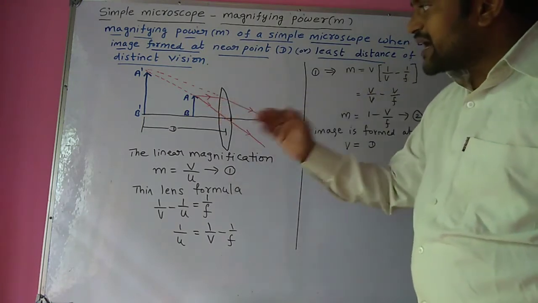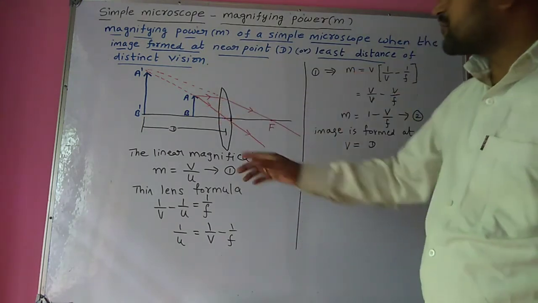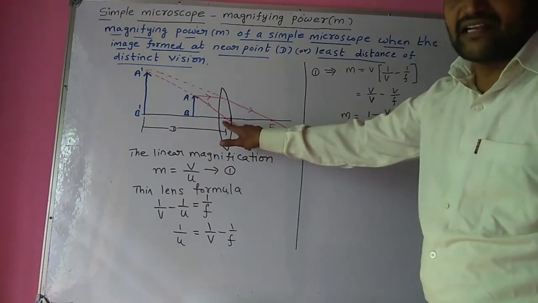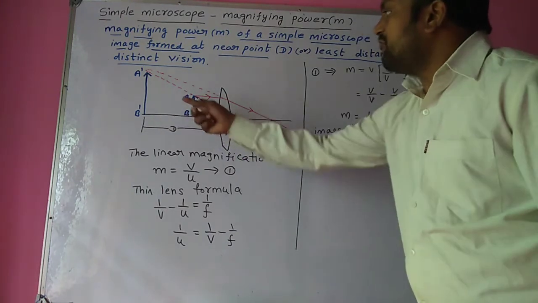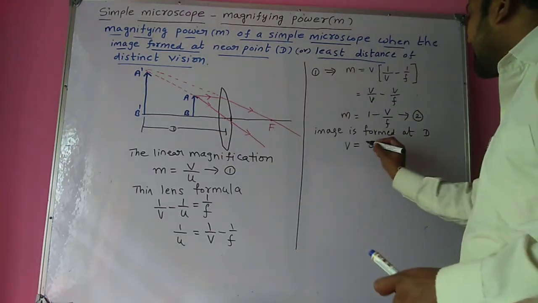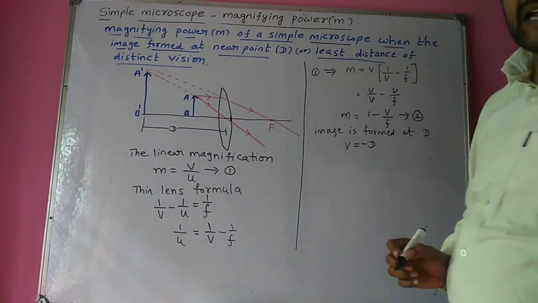The distances are always measured from the optic center of the lens, and measuring in the opposite direction of incident light is taken as negative. So V is equal to minus D, by sign convention.